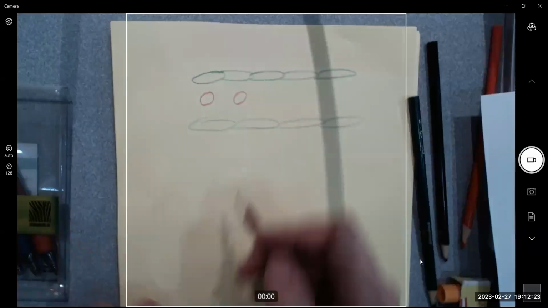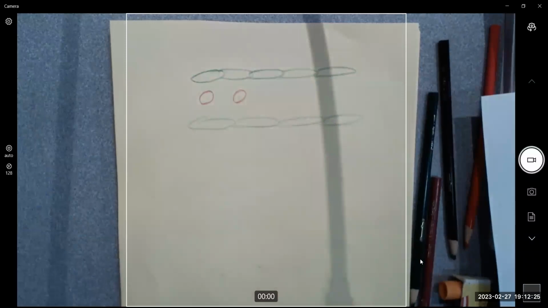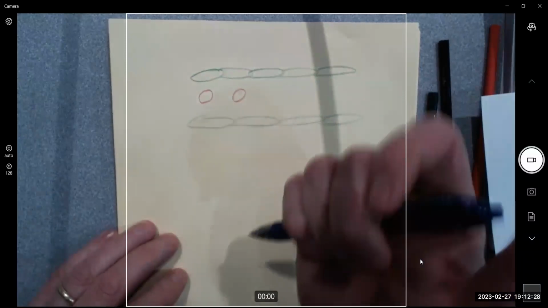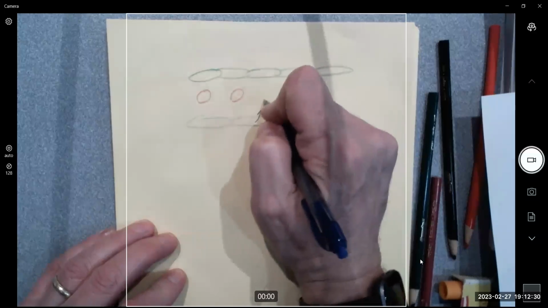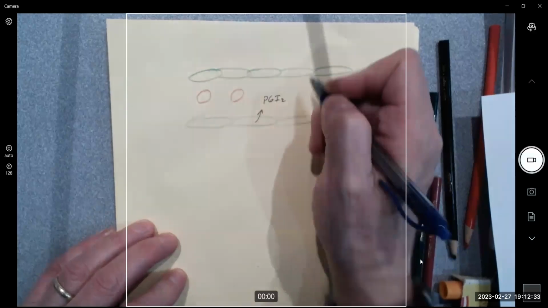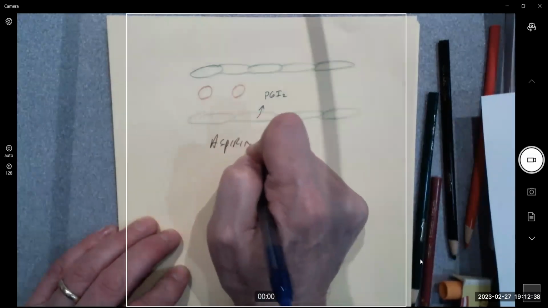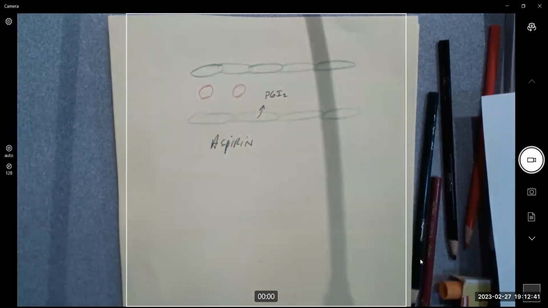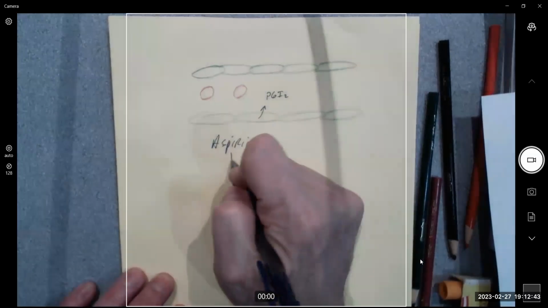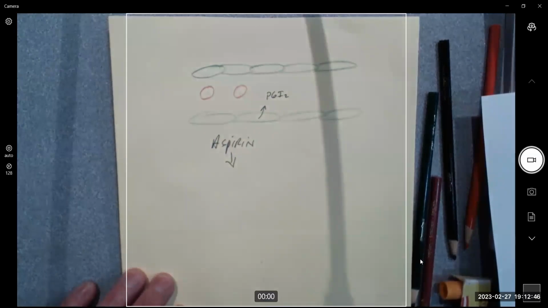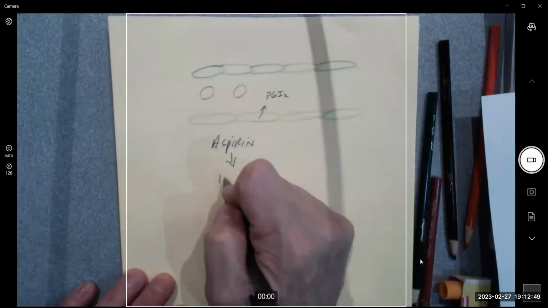When platelets get activated, they get all these processes and look star-shaped and go really bonkers. So these cells here are making prostacyclin. Now, aspirin is unique among the NSAIDs because aspirin is an irreversible inhibitor of cyclooxygenase enzymes.